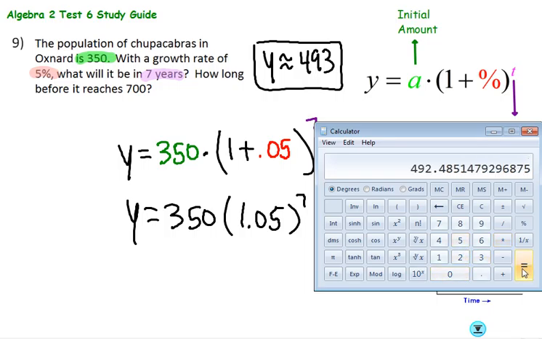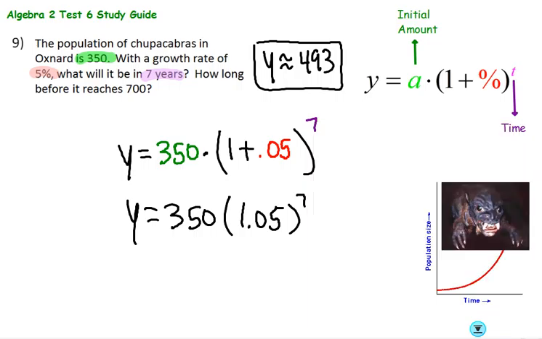And we'd get 492.48. Which actually we could have left the rounding on that at 492. I rounded to 493, but technically we really could have rounded to 492. Either way, I'm not so worried about the rounding on that, is that you got the right answer. Alright, and then pause now, try number 9 on the right side.